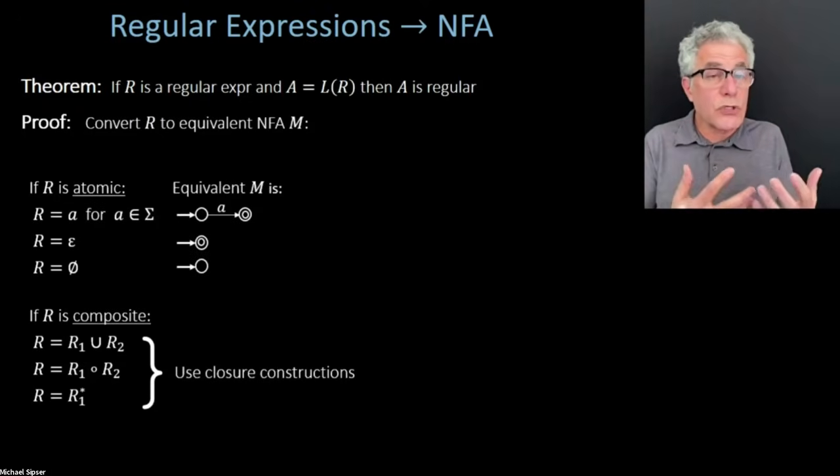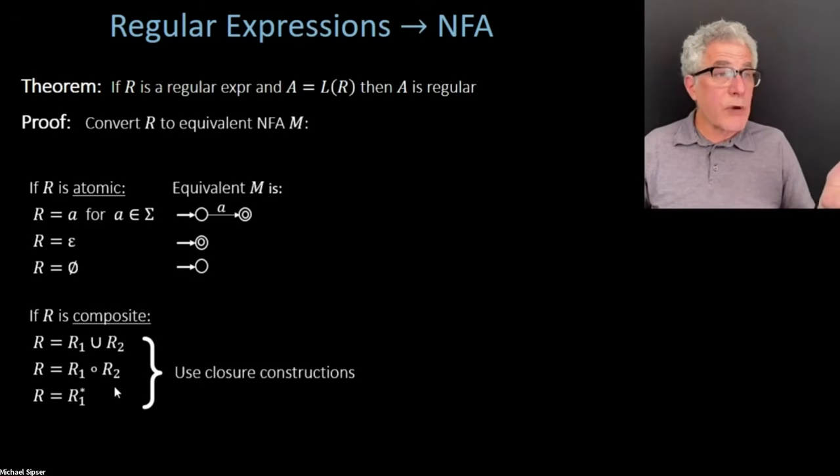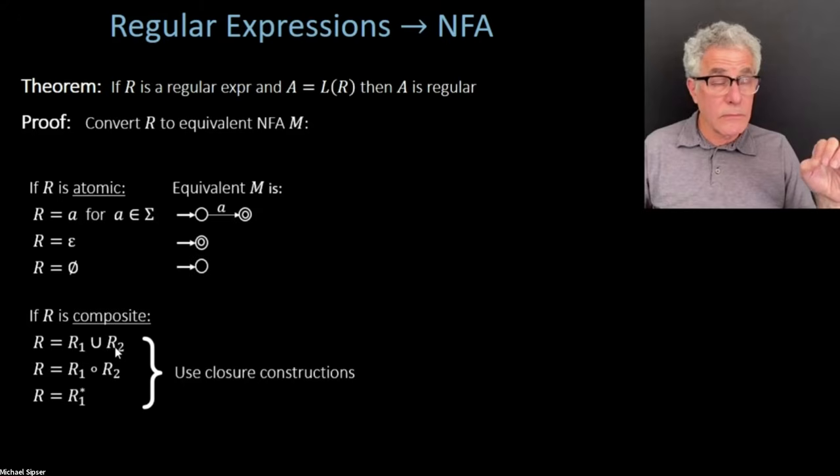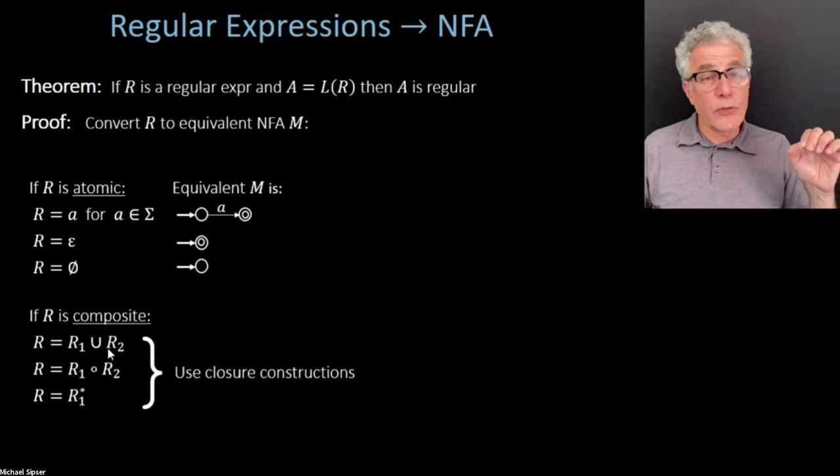Those constructions enable us to build the NFAs for these more complex regular expressions out of the NFAs that do the individual parts. So if we already have NFAs that do R1 and R2, then the closure under union construction gives us an NFA that does R1 union R2 as a language.